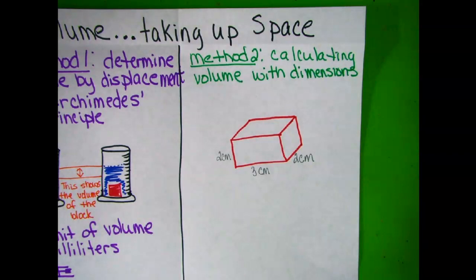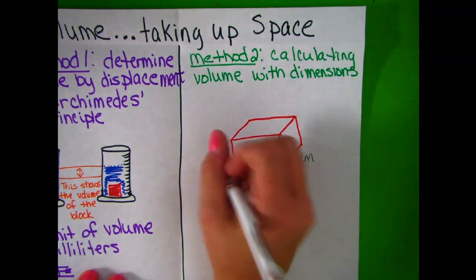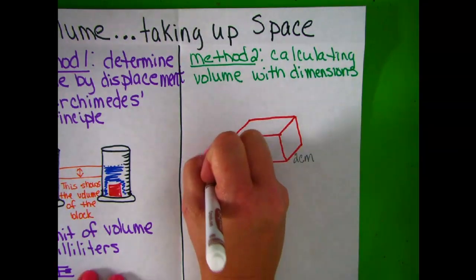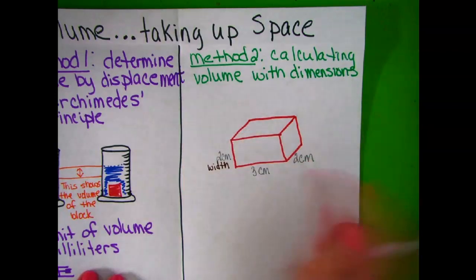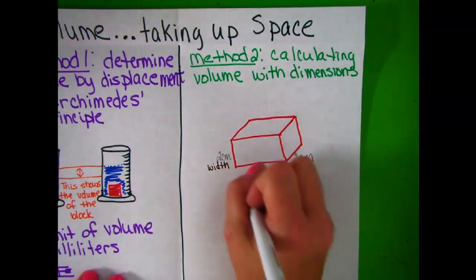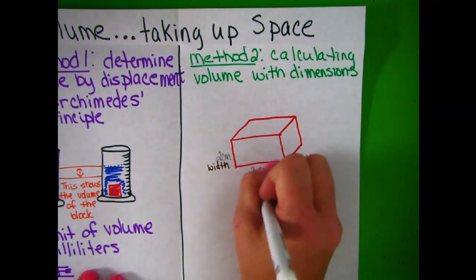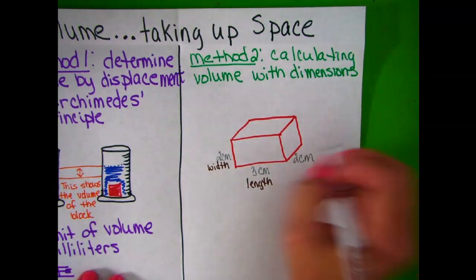So then I could label these width, actually that one would be width, but that's okay, length, and height.